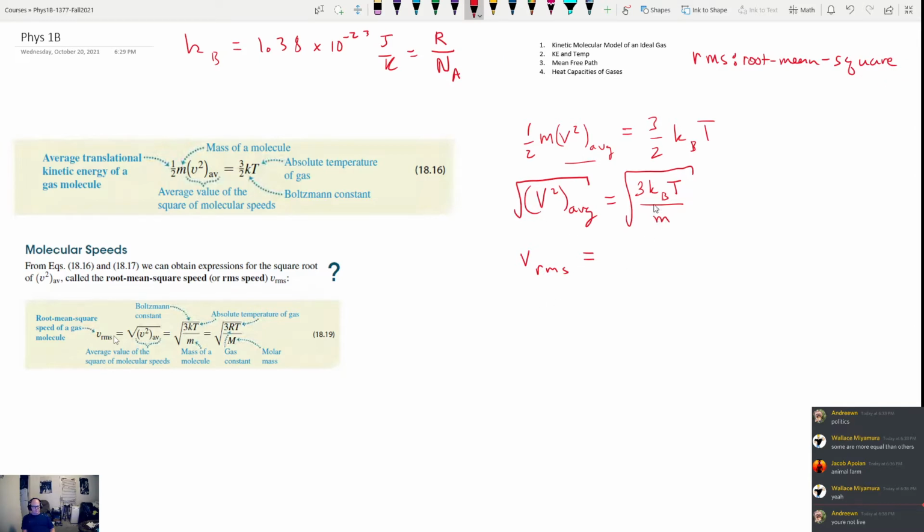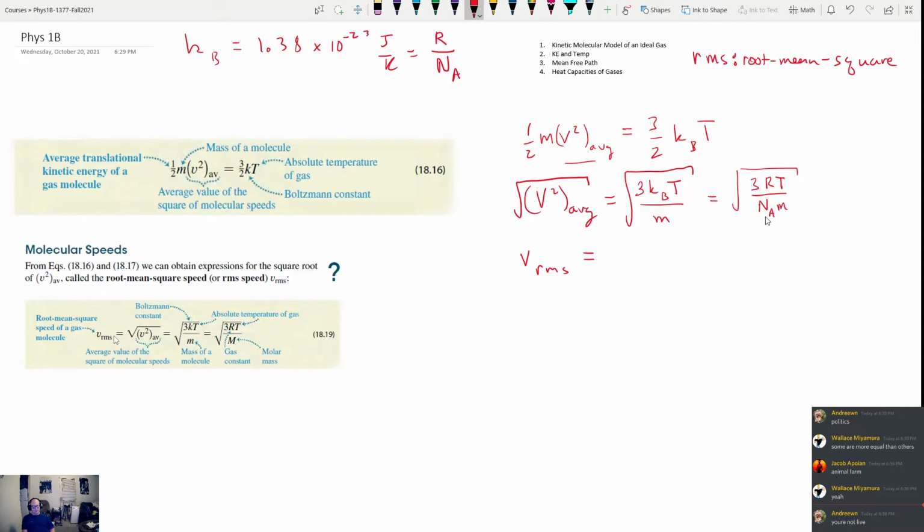It happens to be equal to the square root of 3 kB T over m. But we can write this in a slightly different way by replacing kB with R over N_A. So this also happens to be equal to the square root of 3 times R times T divided by Avogadro's number multiplied by the mass of a single molecule.